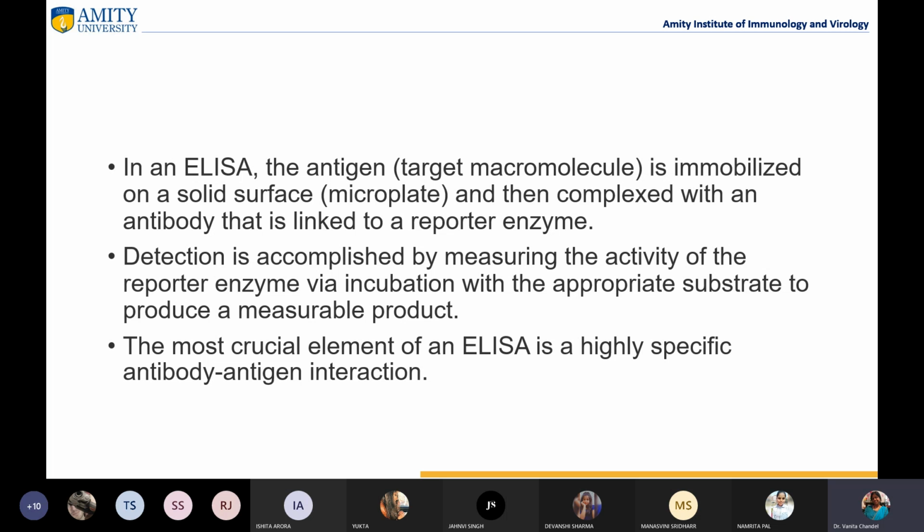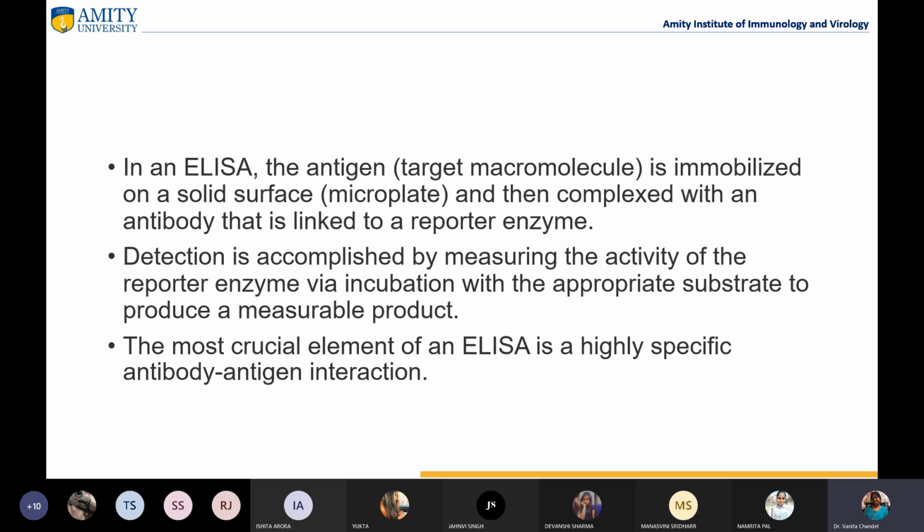And then it is complexed with the antibody, which is linked to a reporter enzyme. So if the antibody is able to bind the antigen, because it has an enzyme conjugate on it, we then add some substrate at the end for the detection.